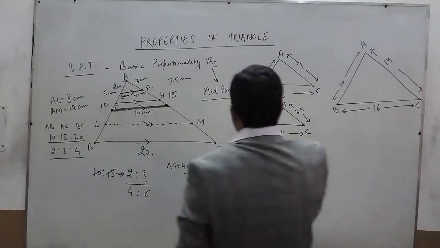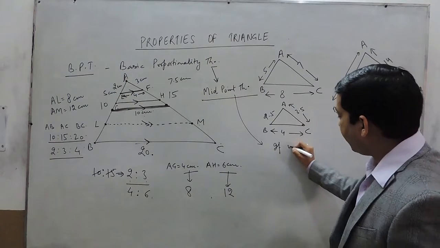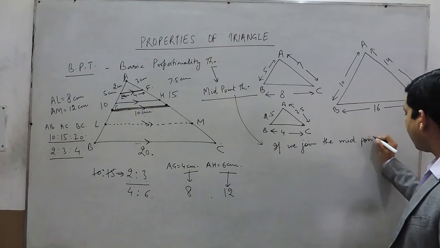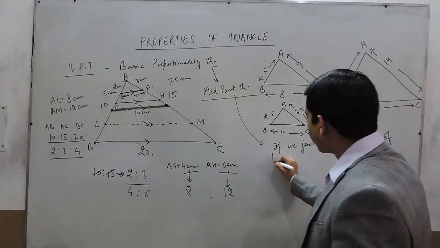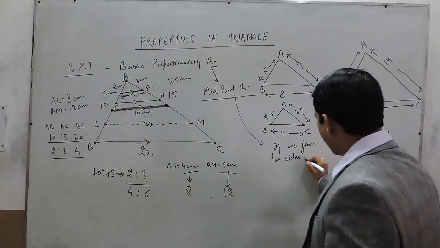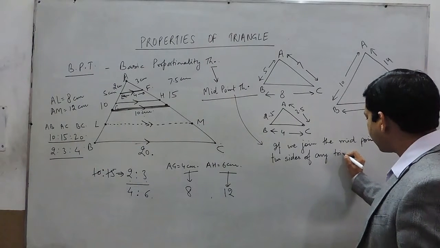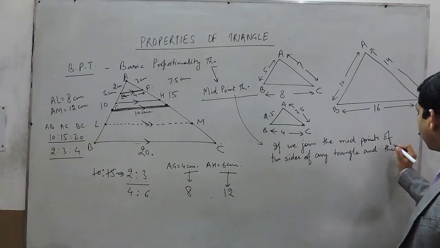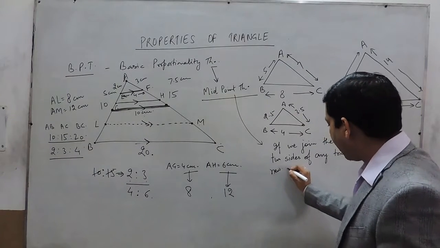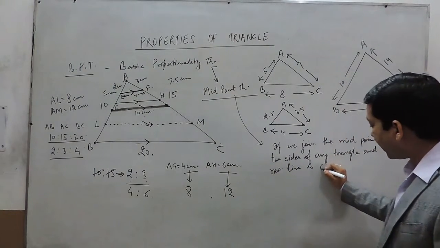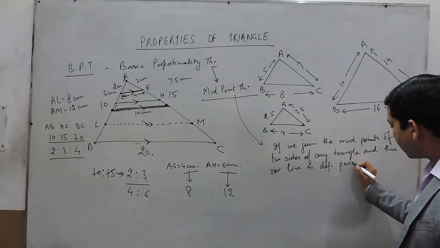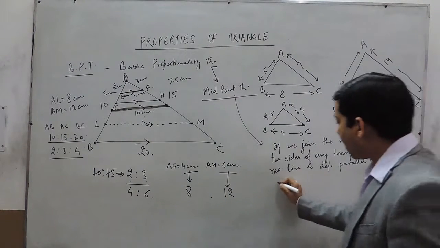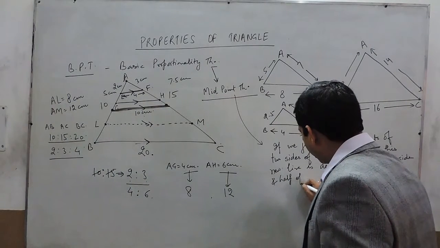The midpoint theorem says that if we join the midpoints of two sides of any triangle, this new line is definitely parallel to the third side and half of it.